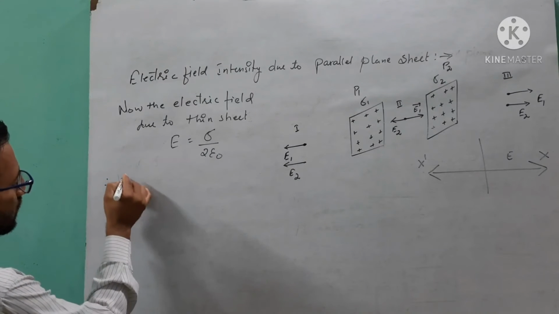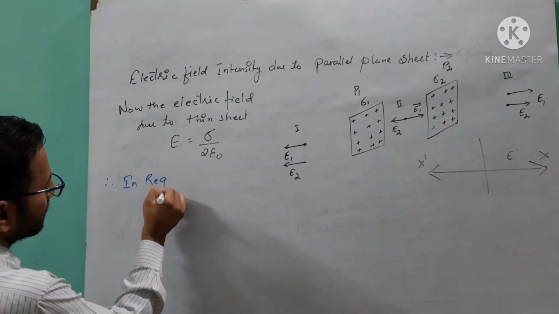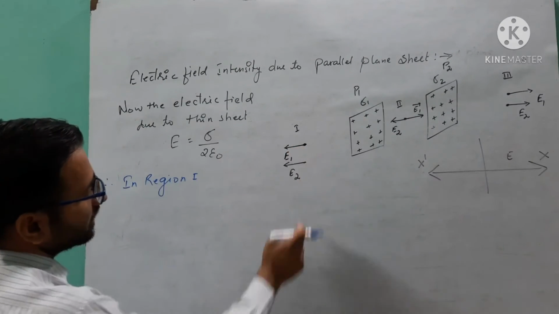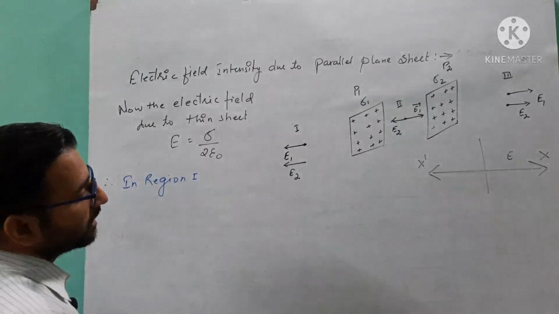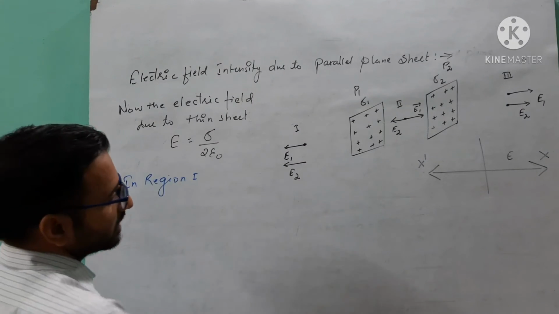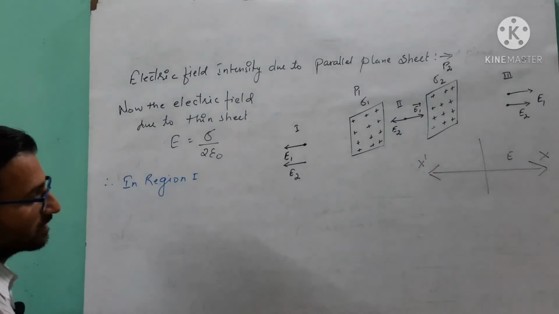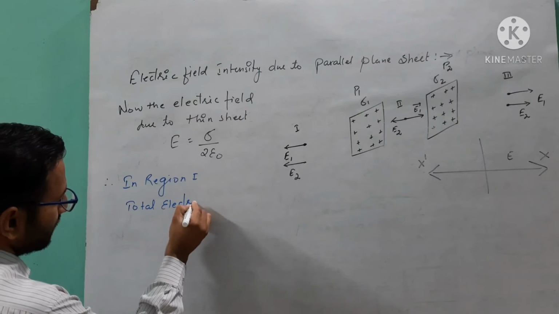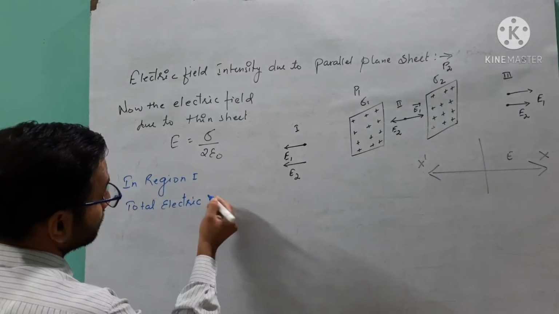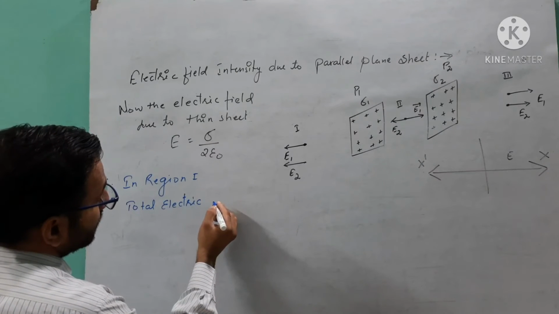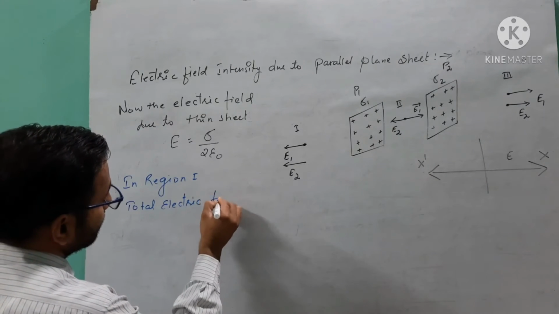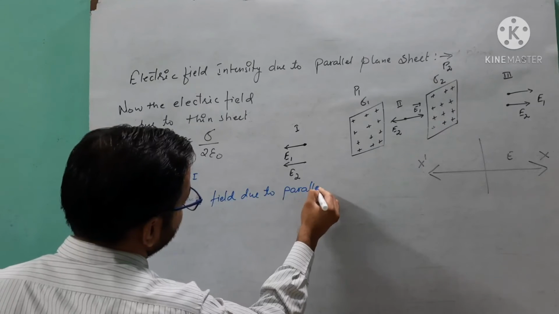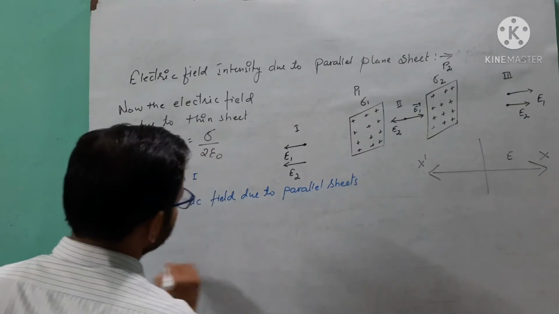Now, first condition, in region 1, as we have done initially, the direction of E1 and E2 is negative, in the left hand side or negative x direction, and positive in the positive x direction. So in region 1 the total electric field due to parallel sheets, what is it?